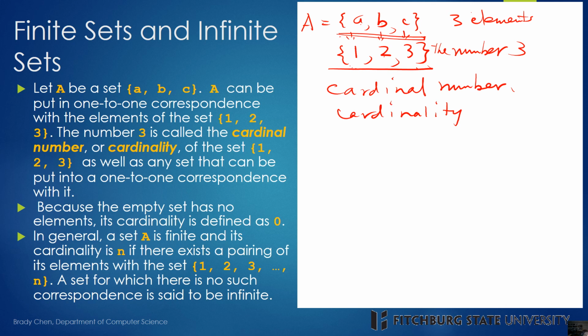So then also for every finite set which contains 3 elements, because we can build a 1-to-1 relationship with the set 1, 2, 3, we also say every finite set with 3 elements has a cardinality 3. Okay.